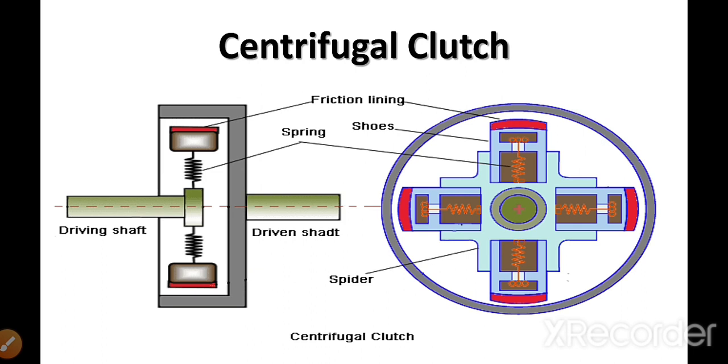The torque is transmitted from the driving shaft to the driven shaft with the help of the frictional resistance developed between the shoe lining and the inside of the pulley rim, and this frictional resistance is developed because of the centrifugal force acting over all four shoes. So that's why it is called a centrifugal clutch.